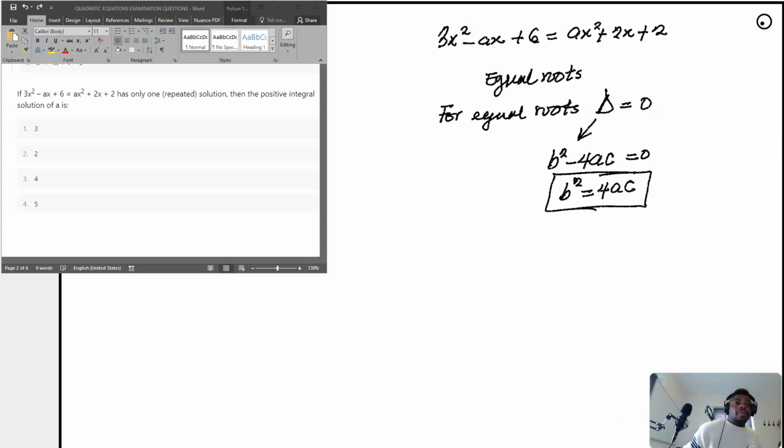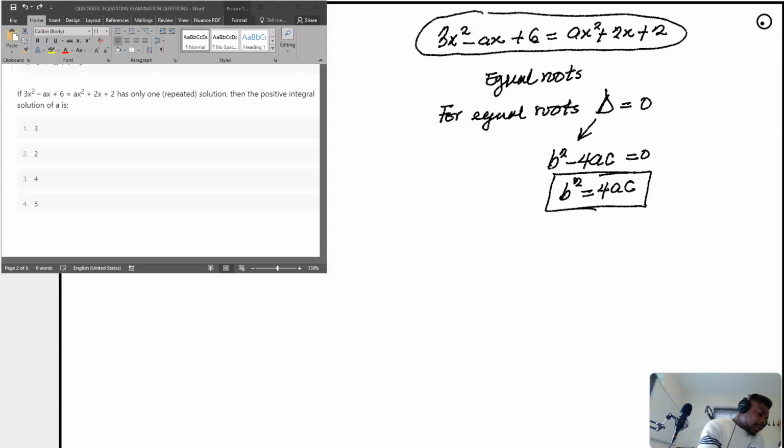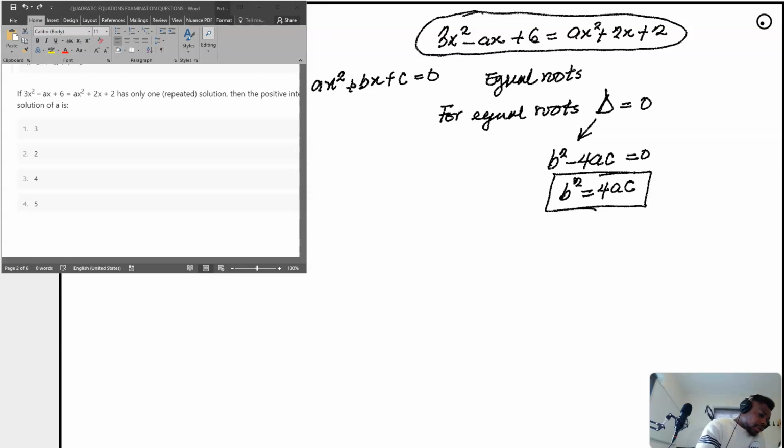Okay? So now, let's put this in the form of ax squared plus bx plus c is equal to 0. So I have 3x squared minus ax plus 6. Let's bring all this to the left hand side.